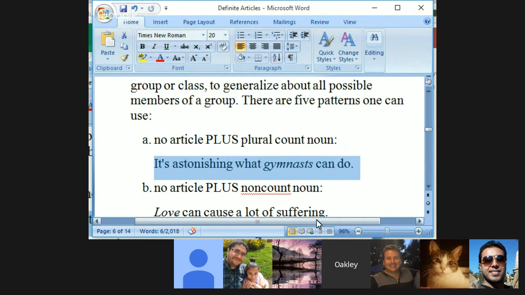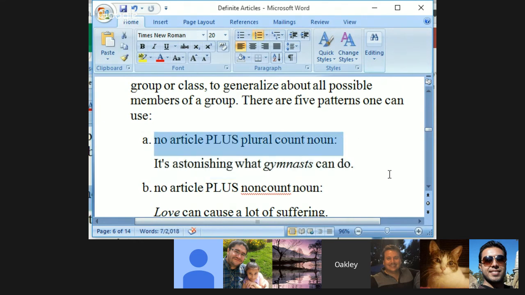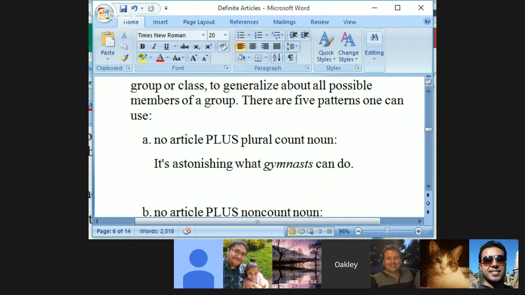Let's make sure you understand. We don't have enough time for everybody to try every one of these, so I'm going to go around with each new rule. Demas, can you give me an example of no article and a countable noun talking about them in general? I'm thinking.